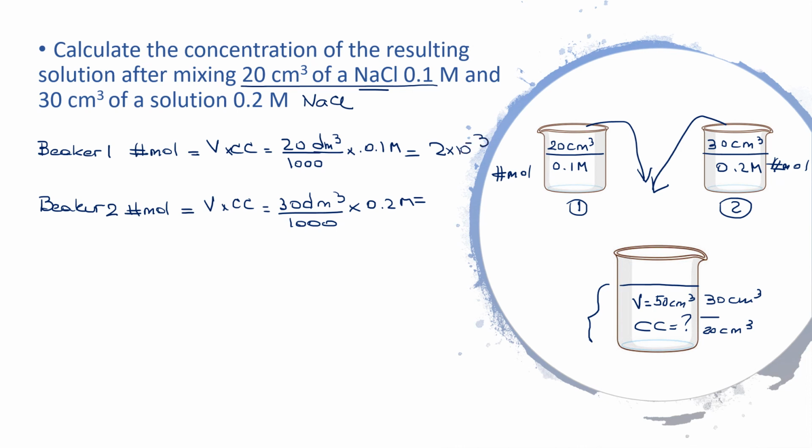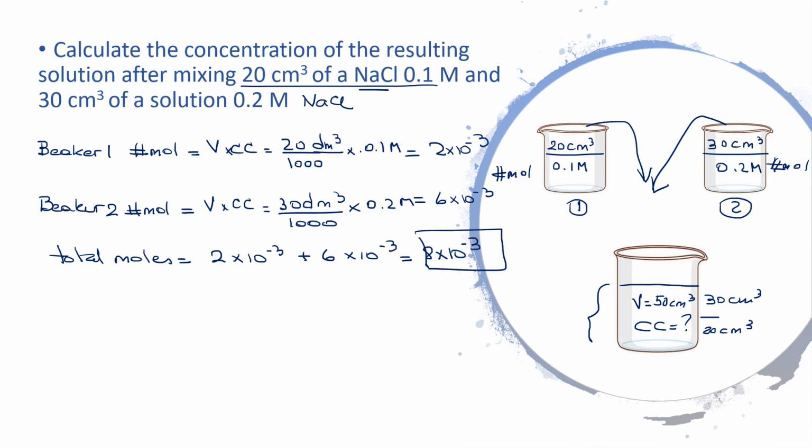And in the other one is going to be 30 divided by 1000 times 0.2. That gives me 6 times 10 to the negative 3. So the total moles is equal to 2 times 10 to the negative 3 plus 6 times 10 to the negative 3. This one is going to give me 8 times 10 to the negative 3. And this is the number of moles of solute that are present here.